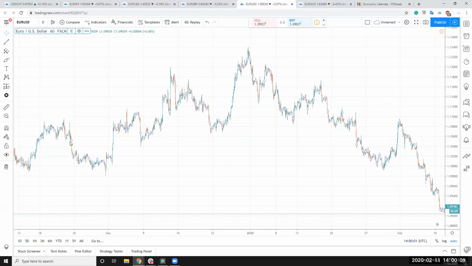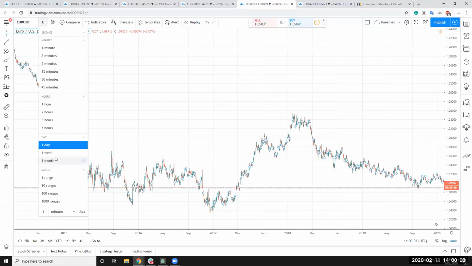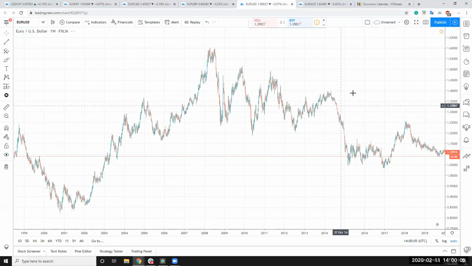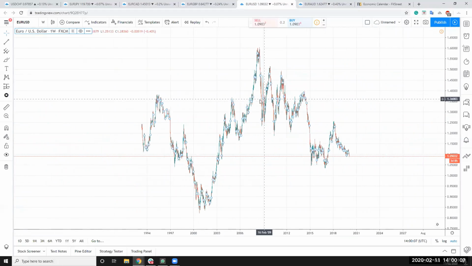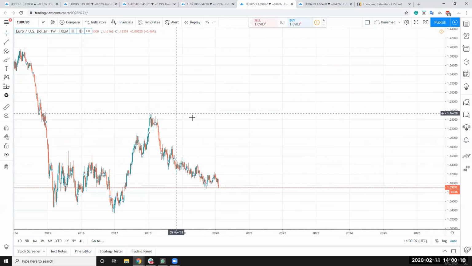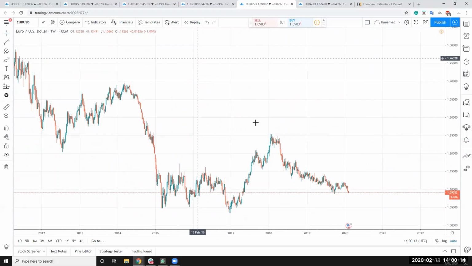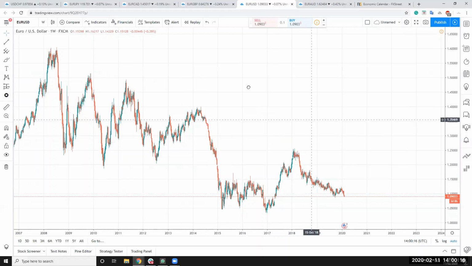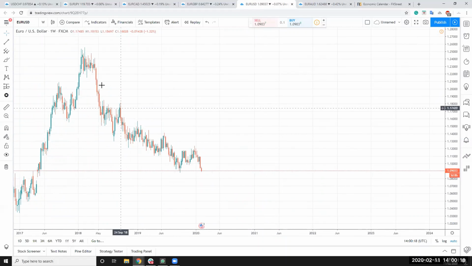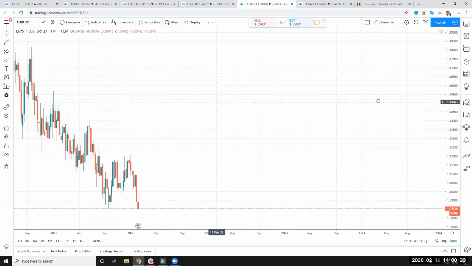Euro USD. We had a massive sell-off last week. Price is clearly bearish. We did retest, as in we did retrace. Since then, which was April 2018, we've been dropping.